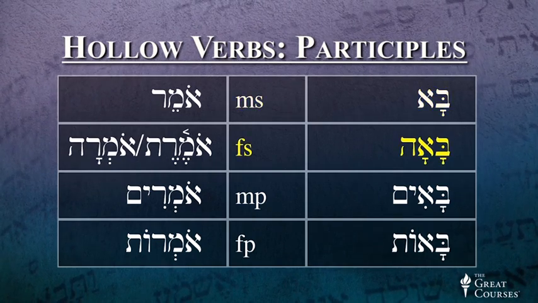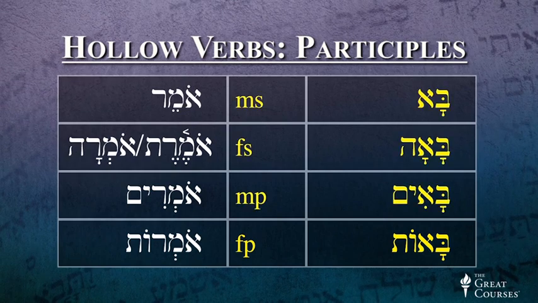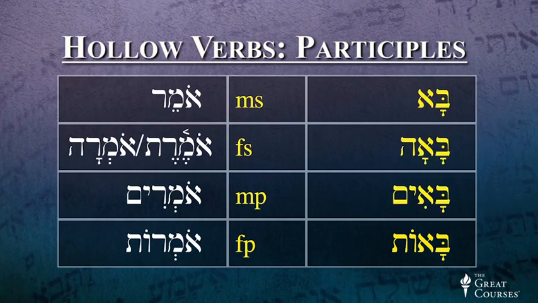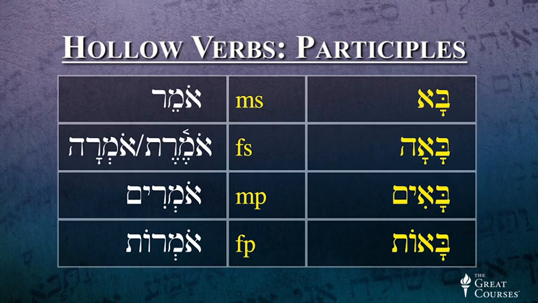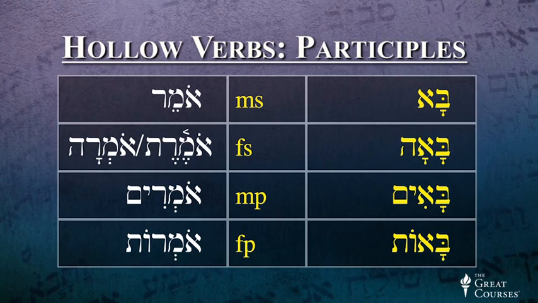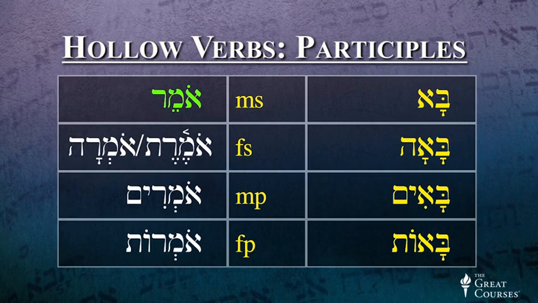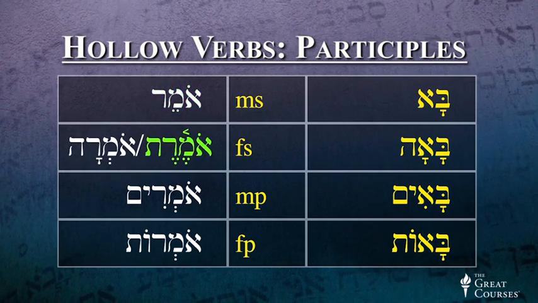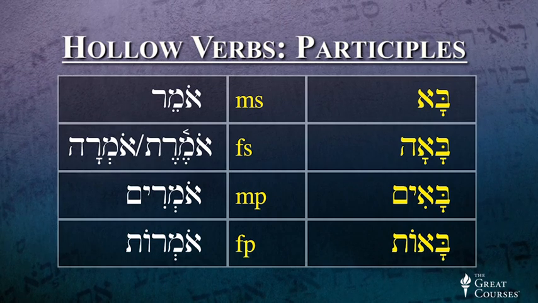Ba, ba'a, ba'im, ba'ot. Just like tov, tova, tovim, tovot. The participle's a verbal adjective, but with no middle consonant to give us that omer shape. And definitely not omeret, because there's no middle consonant. So it will always be ba, ba'a.